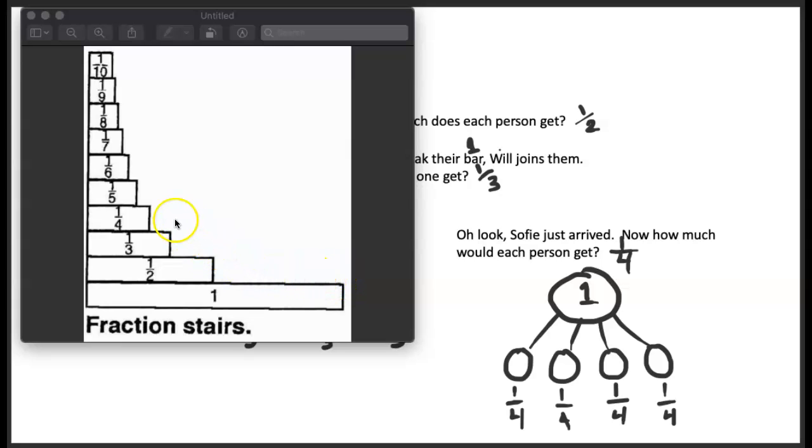Step, step, step, step. Oh, tippy toe, tippy toe, tippy toe. I don't even know if we could fit on that step right there, right? And okay. So the steps get smaller as we move up to the top of our fraction stairs, okay? And that makes them different than the stairs that we might make on our abacus, where every stair is the same, or every step is the same.